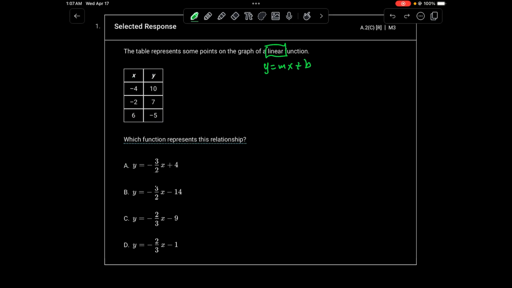Now of course there is another way, and that other way would be based on the table to figure out what the function is, and then give the function.